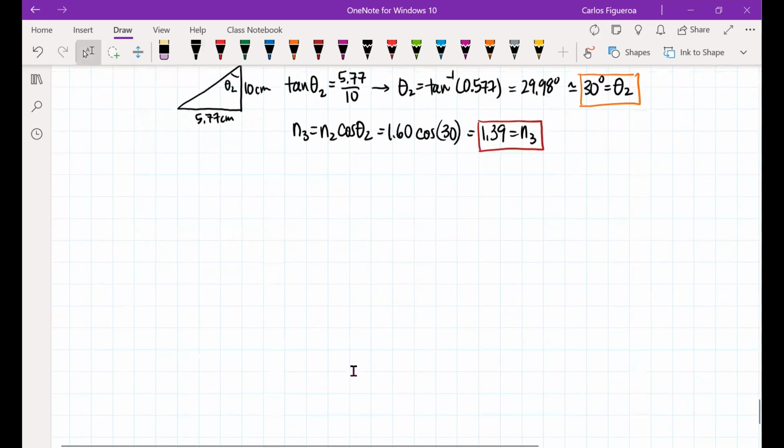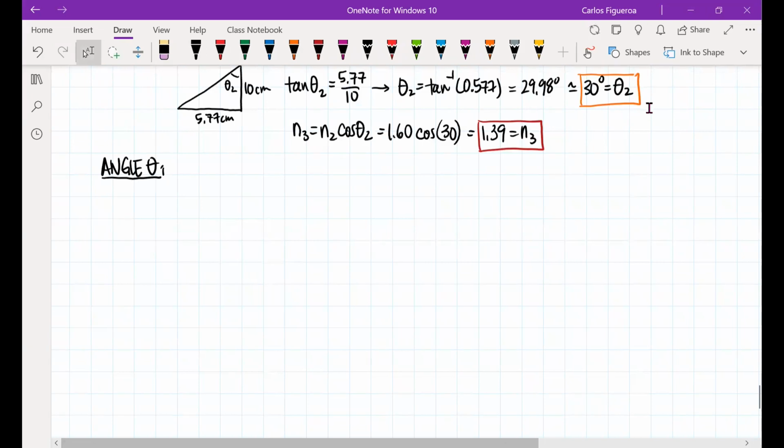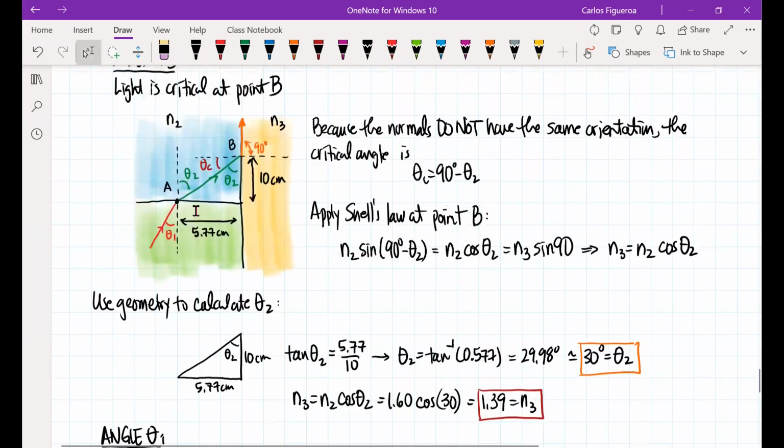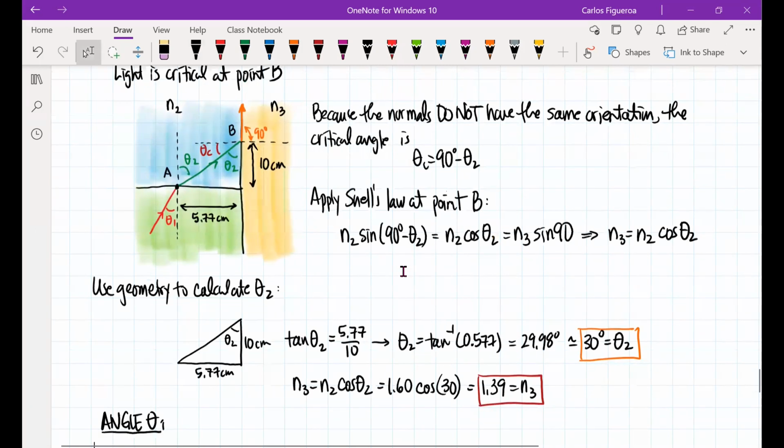Now that we have that, let's go calculate the angle theta 1. So now that I have theta 2, I'm just going to apply Snell's law at point A. So that's going to be a fairly straightforward calculation.